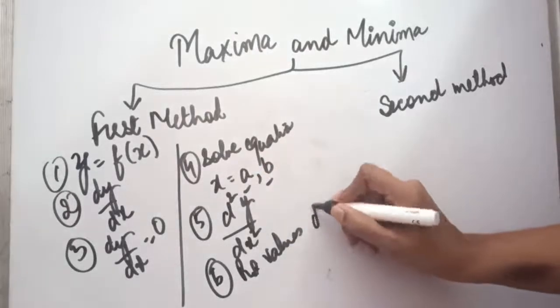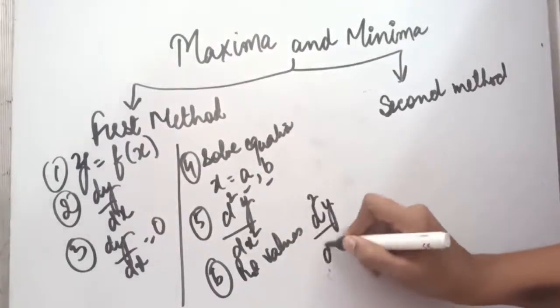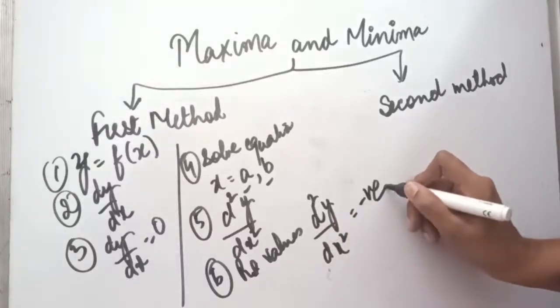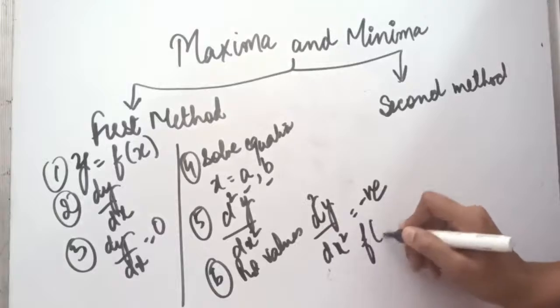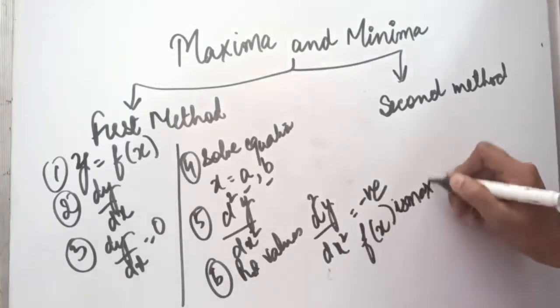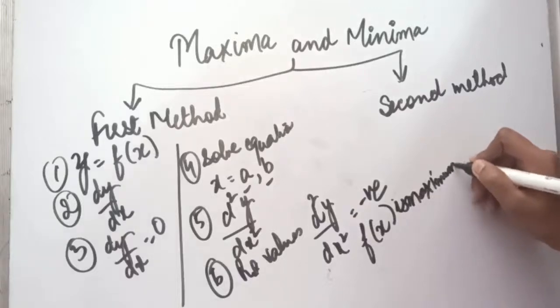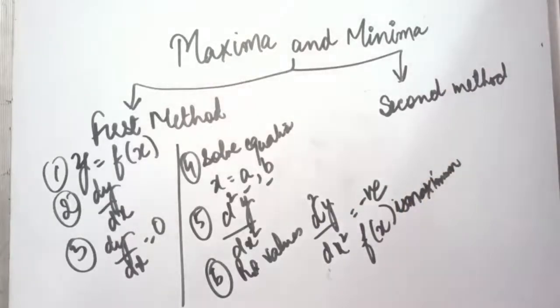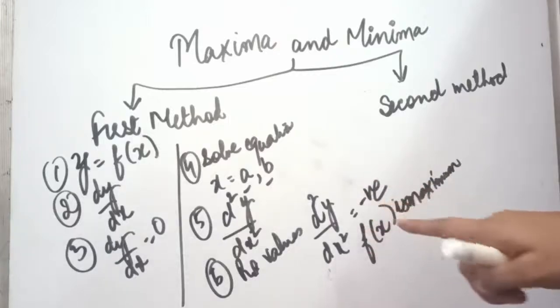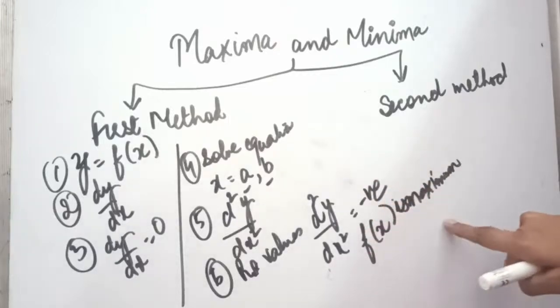If your second derivative, that is d square y upon dx square, comes out to be negative, in that case we will say that your function f(x) is maximum at that point. And vice versa, if this derivative comes out to be positive, then we will say f(x) is minima at that point.